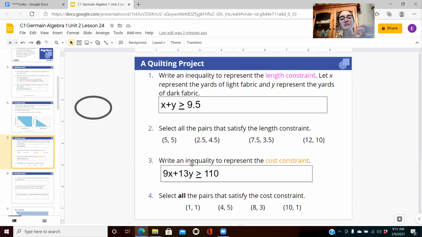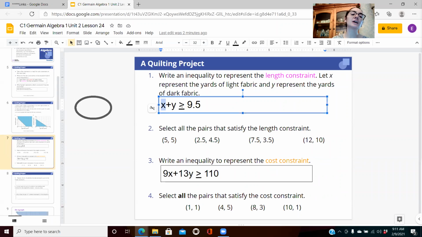Then if we look at the second constraint where we're talking about cost, and x represents light, y represents dark fabric, okay? Thank you for that, Gabe, as well. Now when we're talking about the price aspect of it, each light yard costs $9, each dark yard costs $13. So 9 times the number of light yards plus 13 times the number of dark yards is going to be less than or equal to that $110.